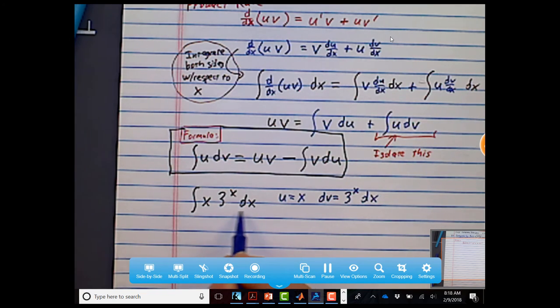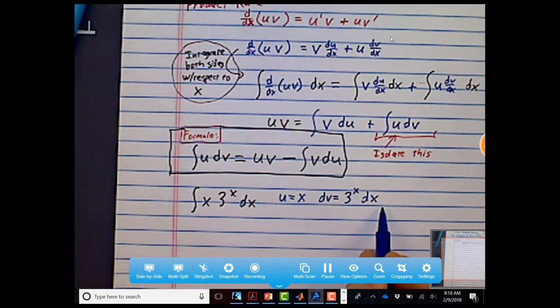Always put the dx with dv. What you're actually writing here is a differential equation. That's what you're doing. So we're going to write u equals x and dv equals 3 to the x dx.